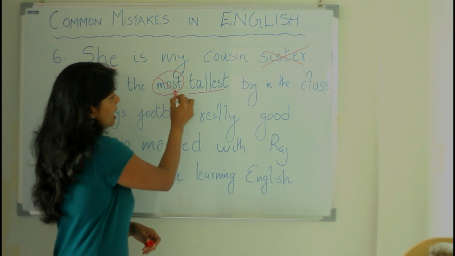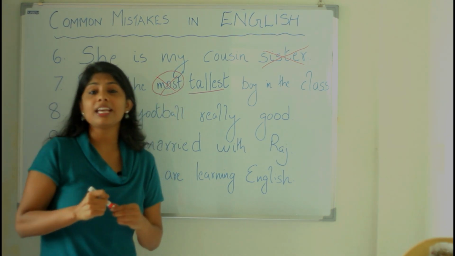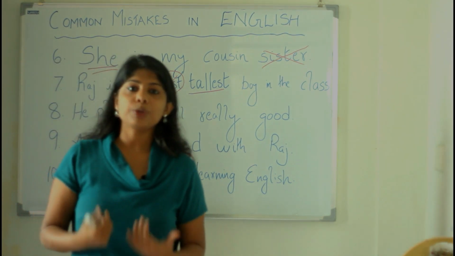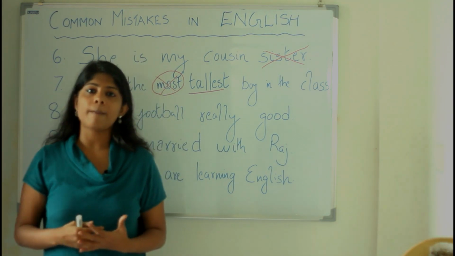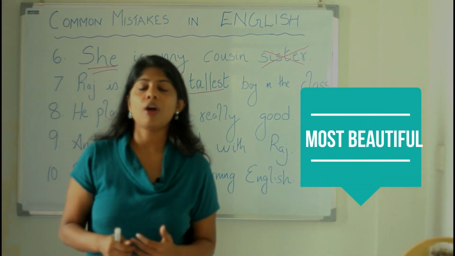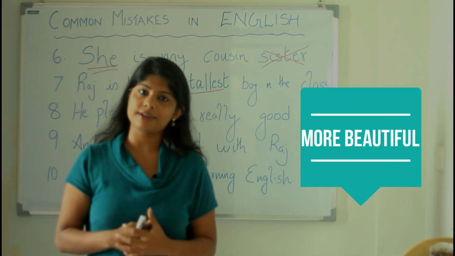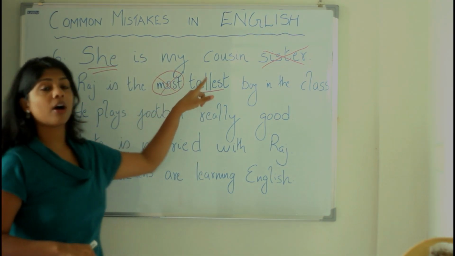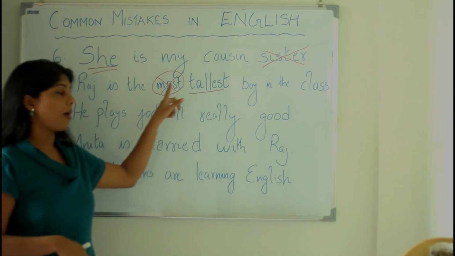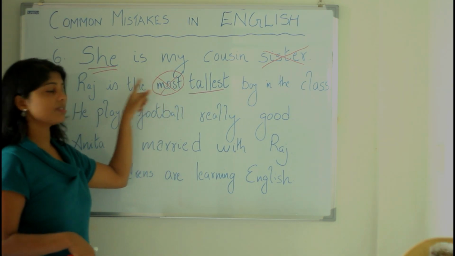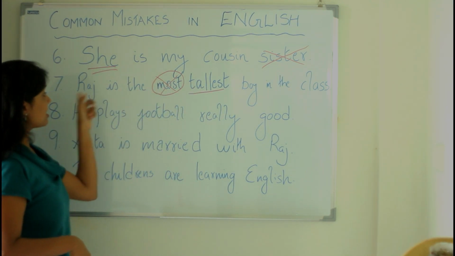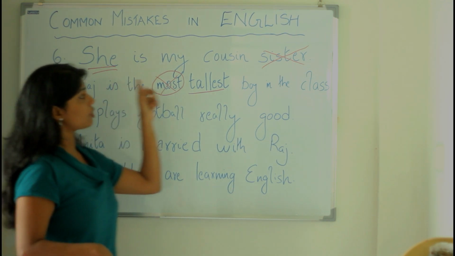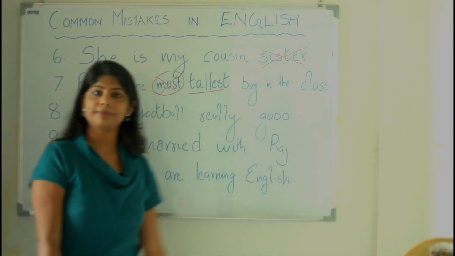The word most is mostly used in case of adjectives like beautiful, where the superlative form is most beautiful or more beautiful in the comparative form. So here, as the word tall already is in its superlative form, you do not use the word most, and the sentence will read as Raj is the tallest boy in the class.